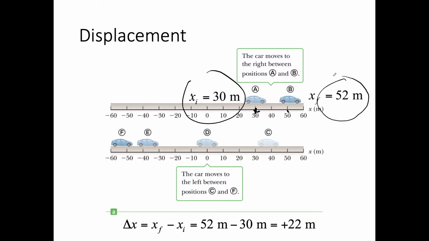What would be the displacement? By definition, displacement is final position minus initial position. My final position is 52 meters, my initial position is 30 meters, so 52 minus 30 gives you 22 meters. So the displacement for this movement is 22 meters.